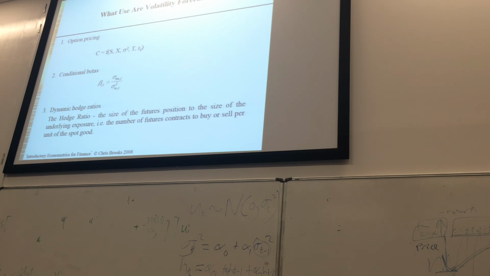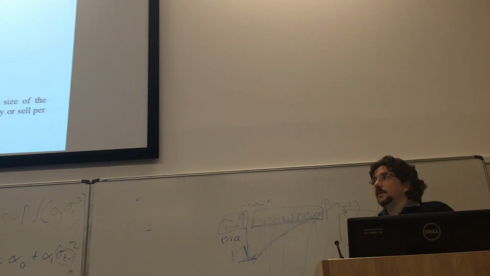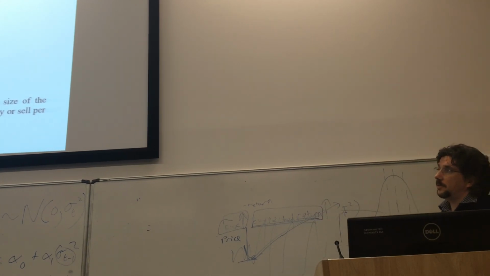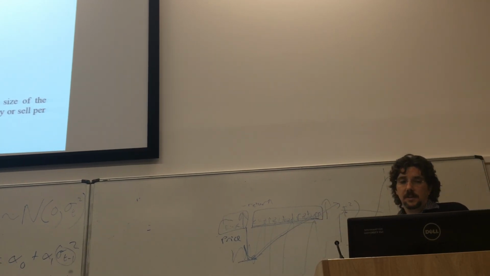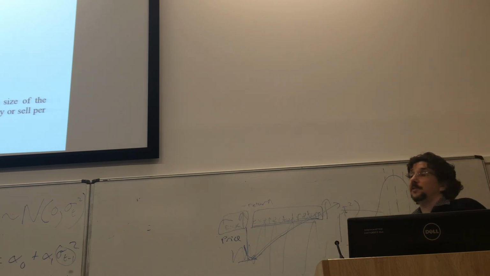So dynamic hedge ratios as well. When you're hedging assets, basically you're trying to handle volatility. As the asset price changes, you're either buying or selling it, and the proportion of the futures position that you trade in to hedge an underlying position you have depends on volatility.